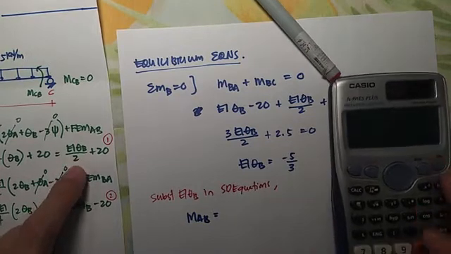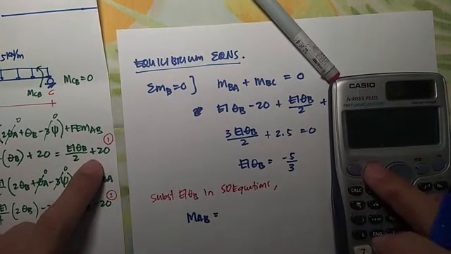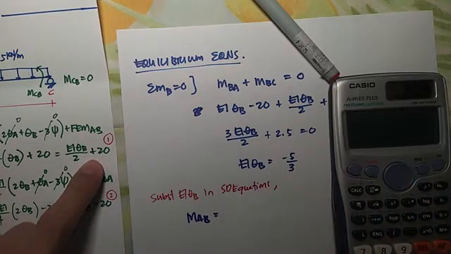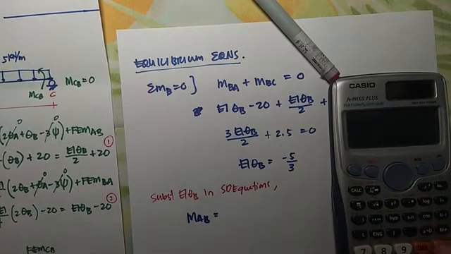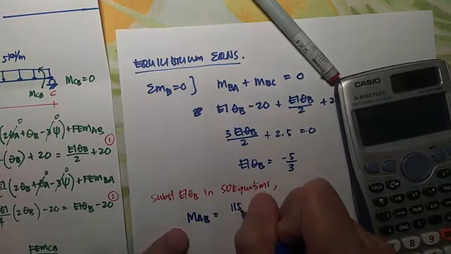So that would be 1 half of negative 5 over 3 plus 2 is equal to 115 over 6.